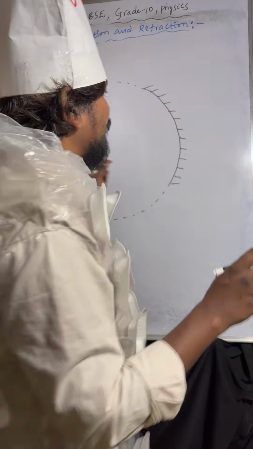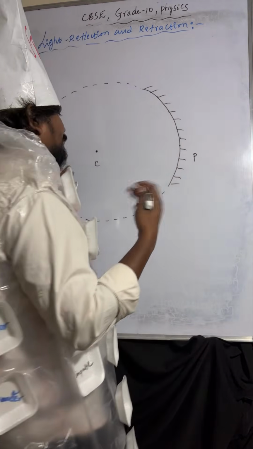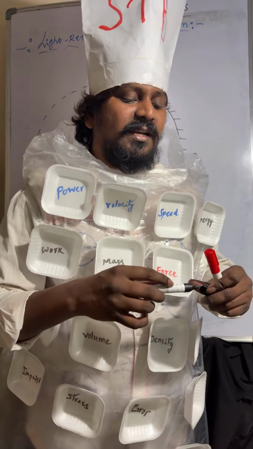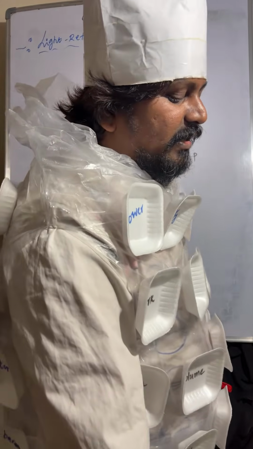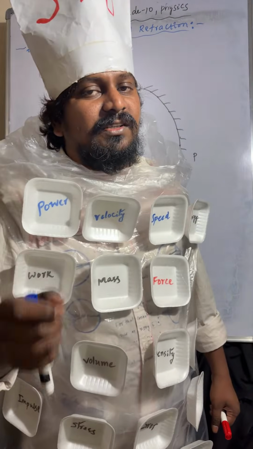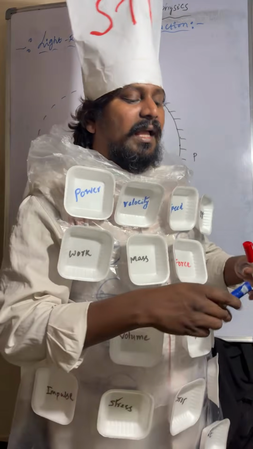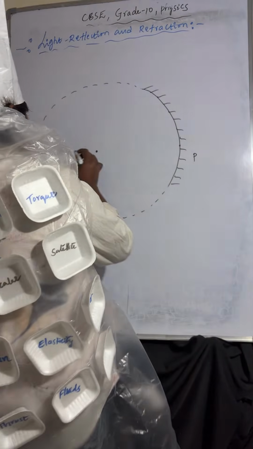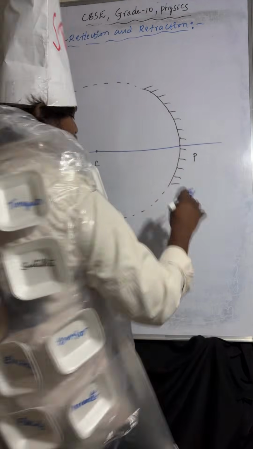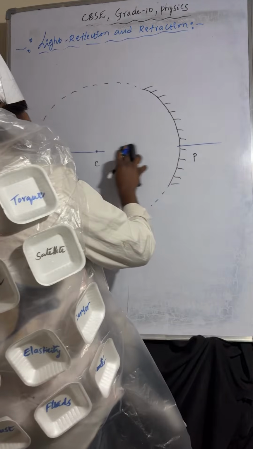The midpoint of the mirror is called pole. The center of the imaginary sphere in which the mirror is a part is called center of curvature. The line joining the center of curvature and pole is called principal axis.